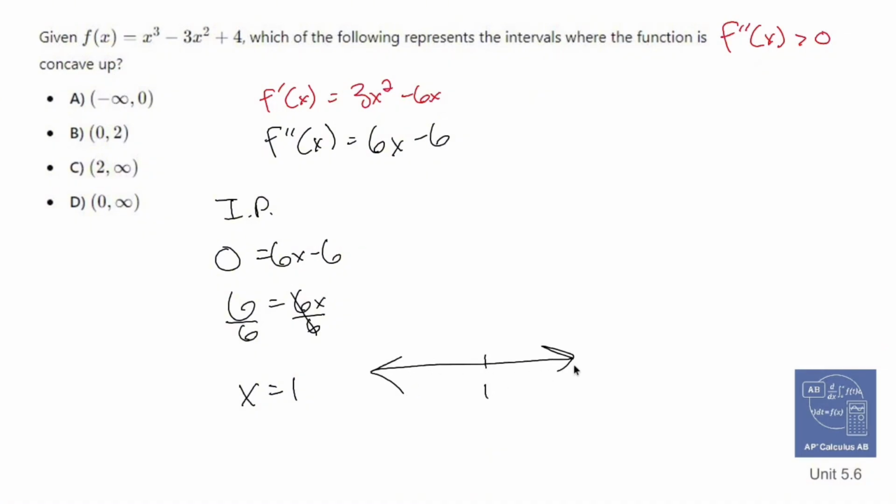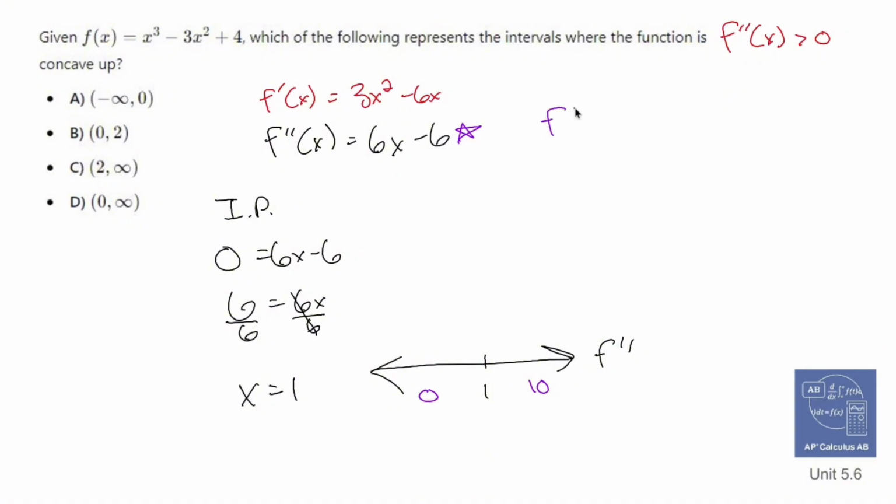So I'm going to make a sign chart for f double prime, picking numbers like 0 and 10 and plugging them in to see if I get a positive or a negative number. Positive means concave up, the way I want. Negative means concave down.